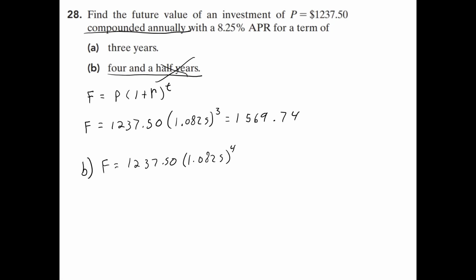We don't get anything for that half a year. Okay, and so second. If we just change that exponent to a 4, we get $1,699.25.